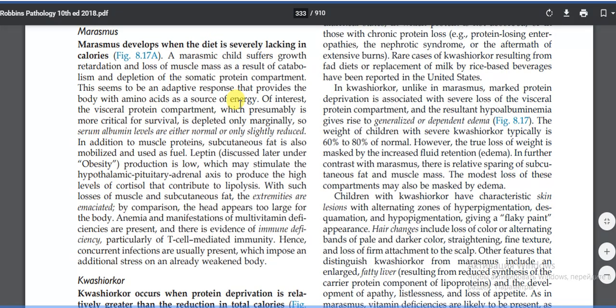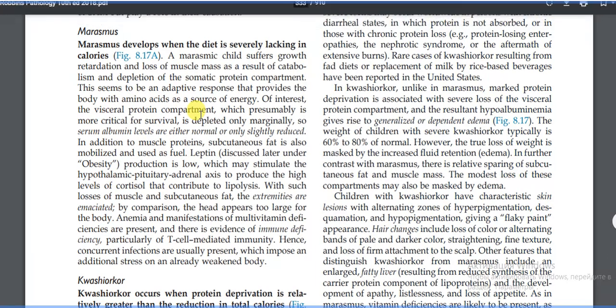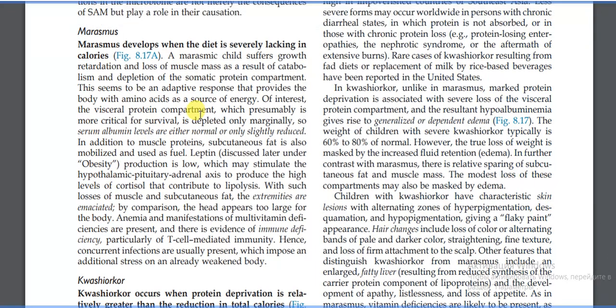Protein deficiency is also there, but due to decreased production of other components it's pretty stable, and that's why albumin levels are just slightly reduced, because all components are less produced.